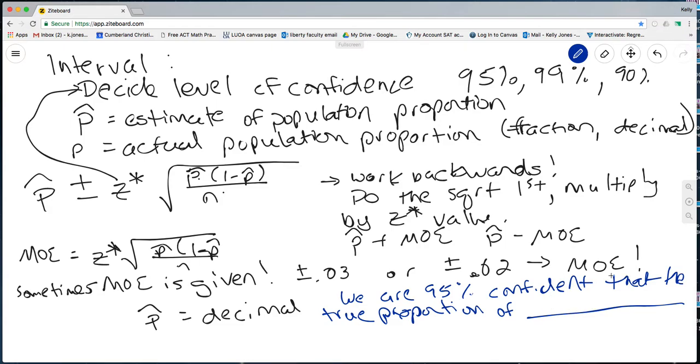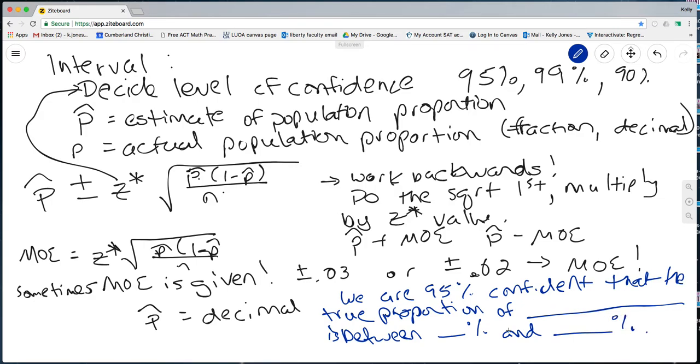We are 95% confident that the true population, or the true proportion of blah, blah, blah, is between some percent and some percent.